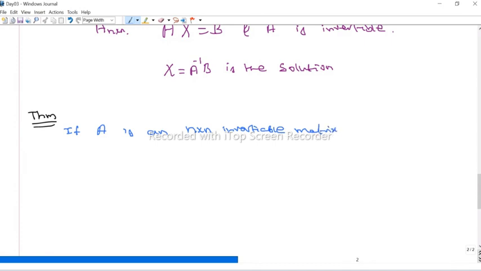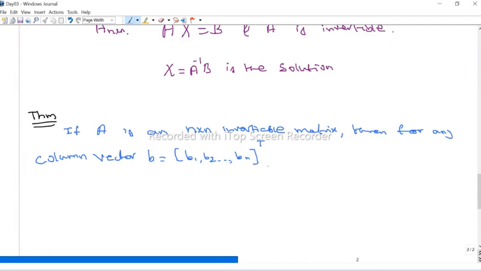Then for any column vector b, here they take small b, no need to take the capital B. The column vector b we can write in the notation b1, b2, up to bn transpose. That means you have to write it as a column. So I am writing a row vector and then taking the transpose, so we get a column vector.